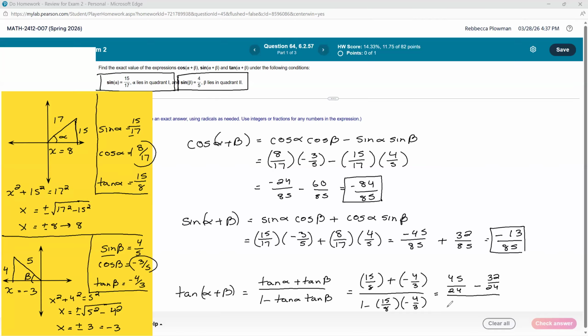On the bottom, we're going to have 1 minus, that's going to be plus actually, because minus minus is plus, 60 over 24. So that 1 can turn into a 60 over 60. And we're going to end up having 13 over 24. And then we're going to have 120 over 24.